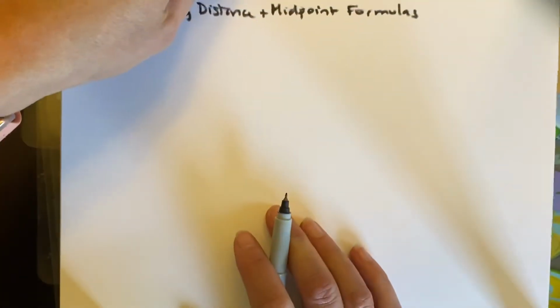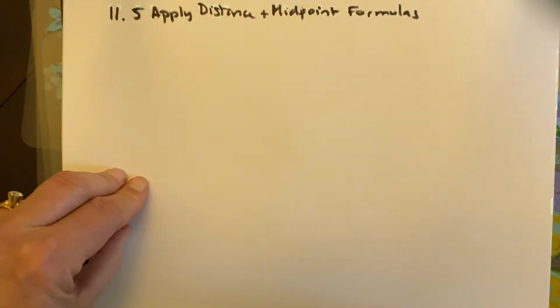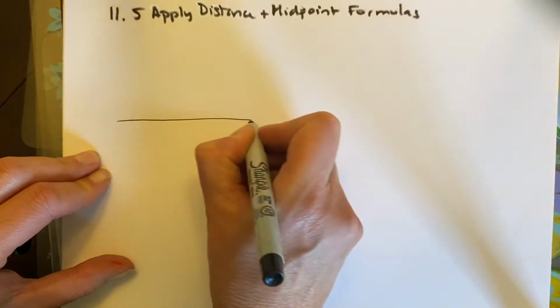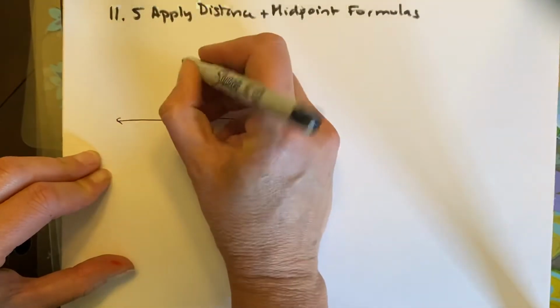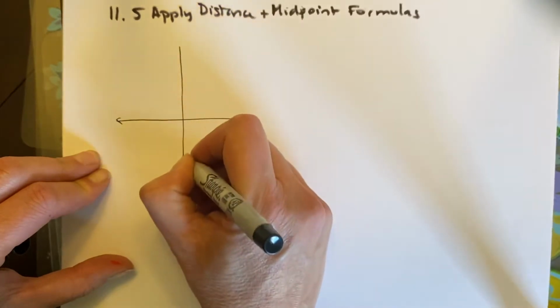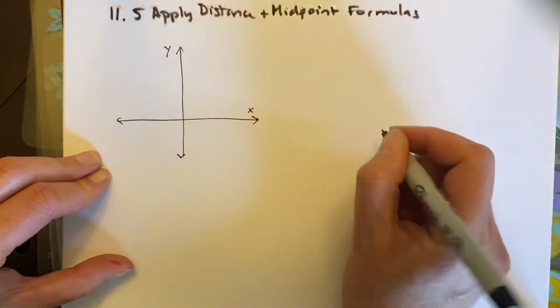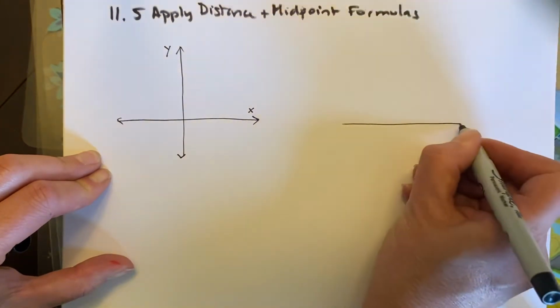So let's look at, and I got a smaller Sharpie so I can do a better job of aligning things for you. I'm going to draw two coordinate systems next to each other, because we're going to be doing this with coordinate systems.